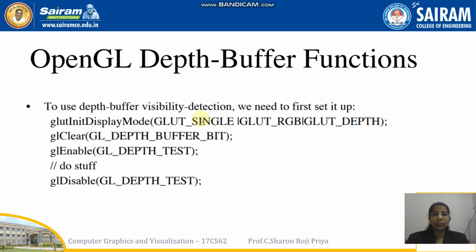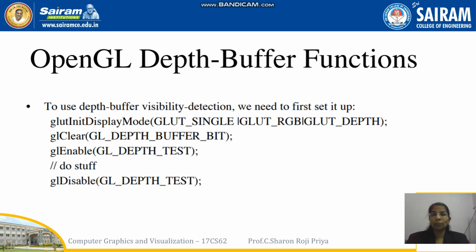So GLUT_SINGLE means you are using a single buffer, you are following the RGB color system, and you are requesting your depth buffer, right? And if you are using a depth buffer like your frame buffer, you have to clear this depth buffer also. So glClear will have the parameter GL_DEPTH_BUFFER_BIT, right?